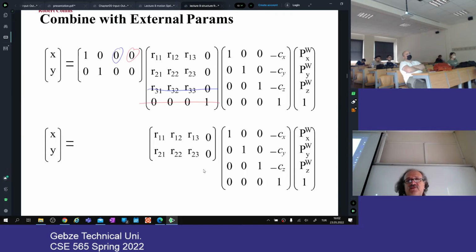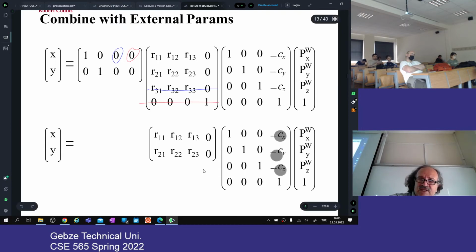Okay, so that's good. So instead of looking at this picture, let's look at this picture. It is more simplified now. See, when I look at this linear system, I don't know the real world coordinates x, y, z of the point. I don't know the camera translation vector.